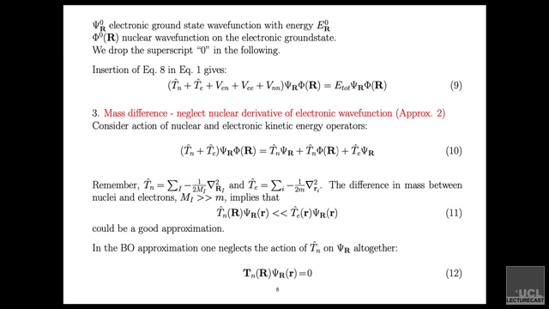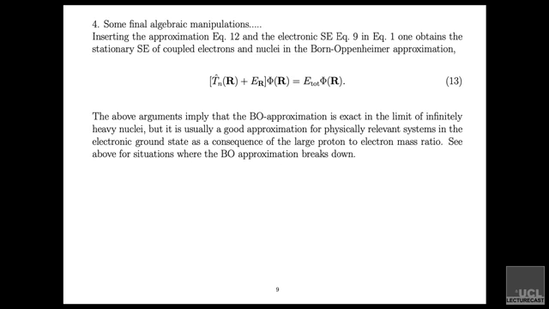And that's it. If you assume that, and you insert this all into your equation 1, then you get just a pure nuclear wave function with that potential energy E(R).